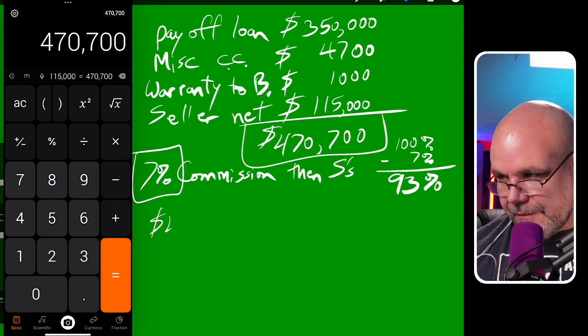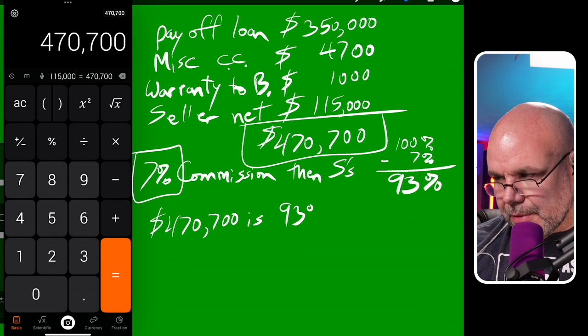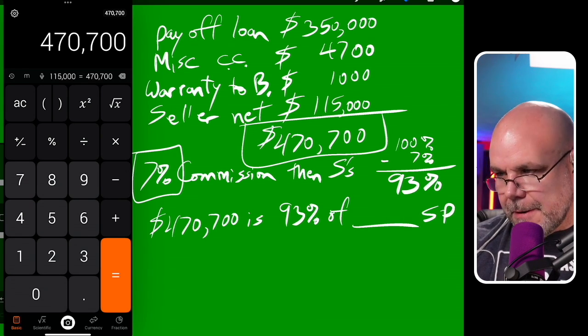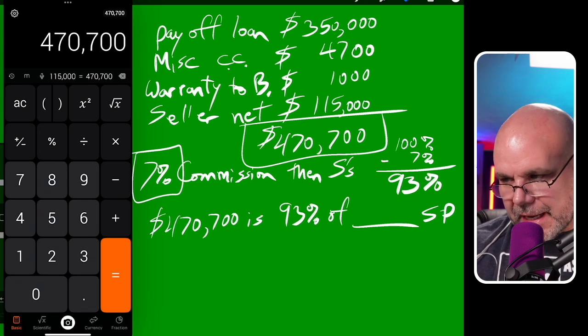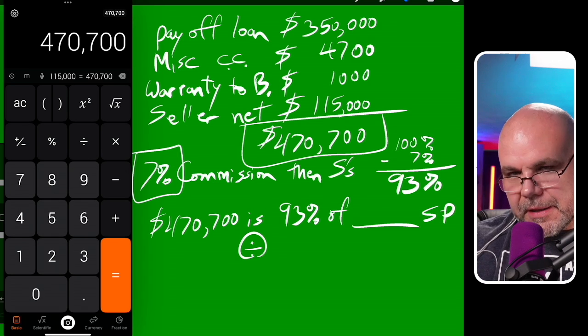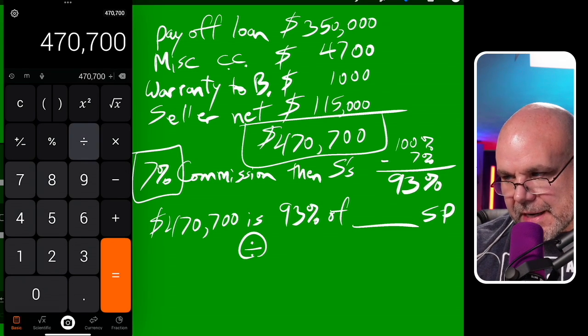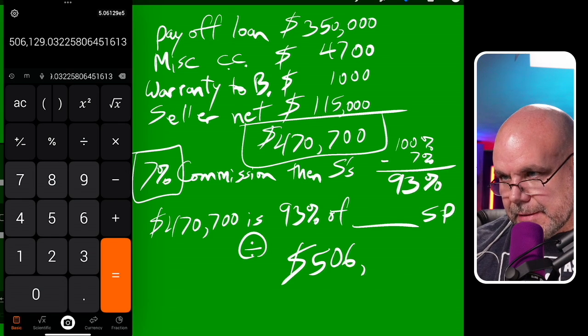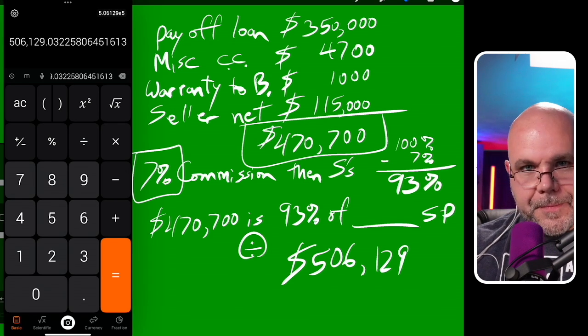We're going to take the 470,700 is 93% of what sales price? If you write it out in a sentence like this and then replace the "is" with a division sign, there's your formula that you need. 470,700 divided by 93% gives you the sales price needed of 506,129.